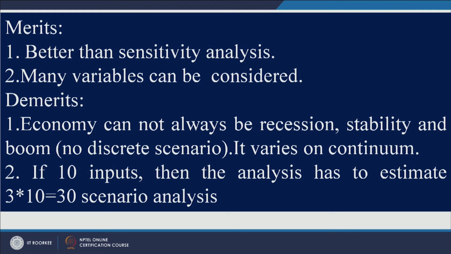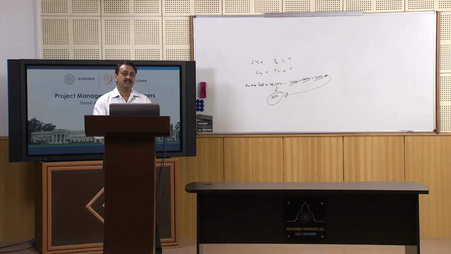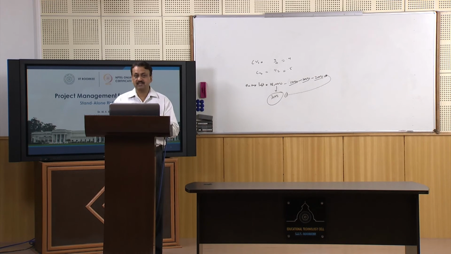This is a very important point. We think that there are only 3 scenarios, but in real life you will have a combination of them, you will have interaction amongst them, and there are several possibilities. So, you will not have only these 3 scenarios; you will have several scenarios.